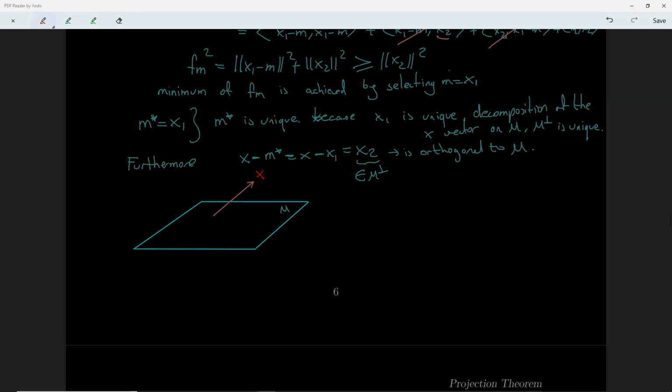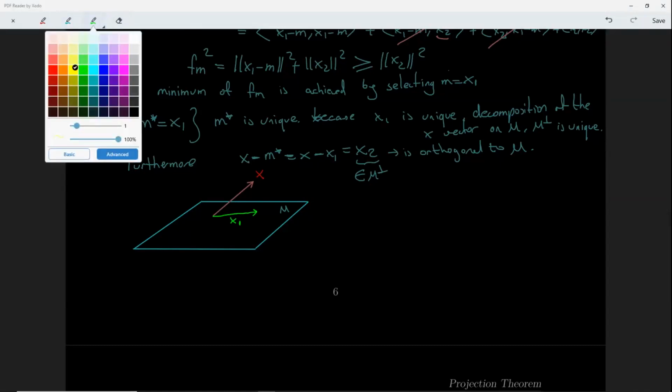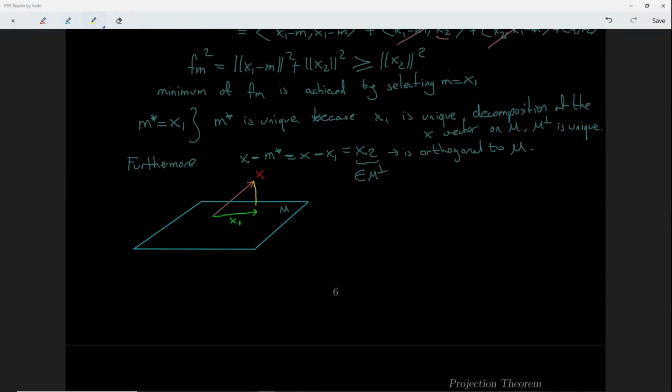And the theorem states that you can get the decomposition of x and its orthogonal complement. So you can get this x vector, and this is the decomposition of x on this M subspace, plus this is the orthogonal vector x2, which is in M orthogonal complement.